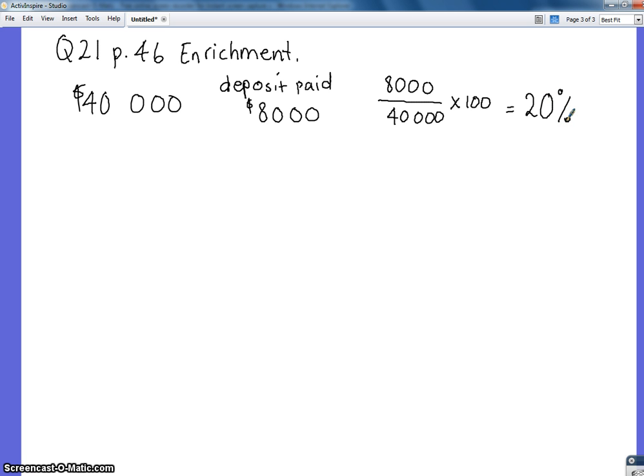And then it says the remainder is discounted by a percentage that is 1/10 of the deposit percentage. So this is our deposit percentage. You'll get a further discount of 1/10 of that amount. What does 1/10 look like? What does of mean?